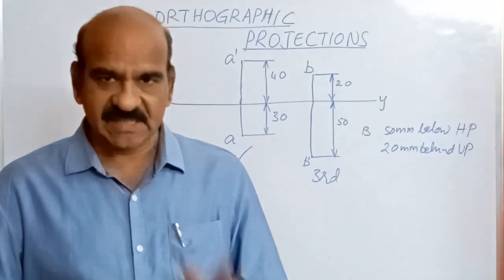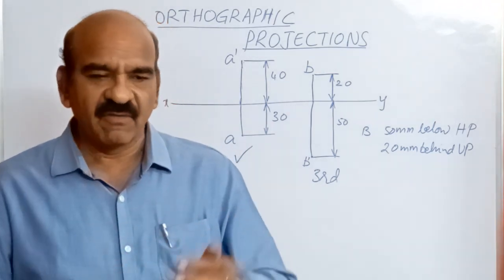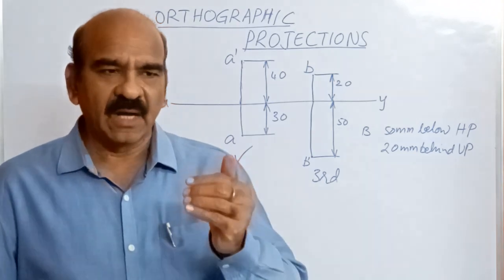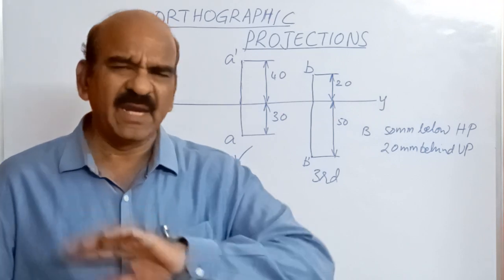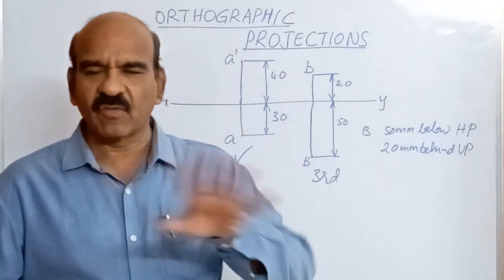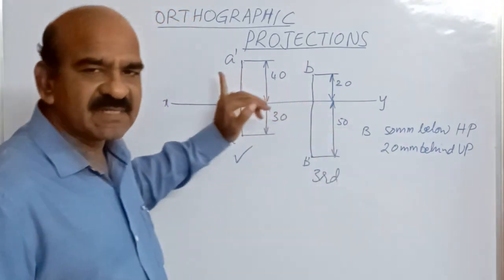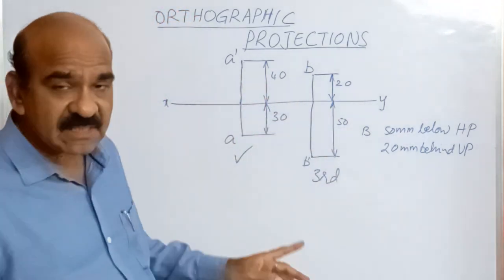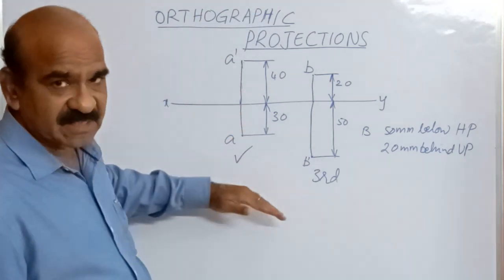We are following first angle projections. But for the time being, for some topics like projections of points and lines, they can be given in any quadrant. But later on we follow only the first angle projections. Means front view is above the reference line, top view is below the reference line.